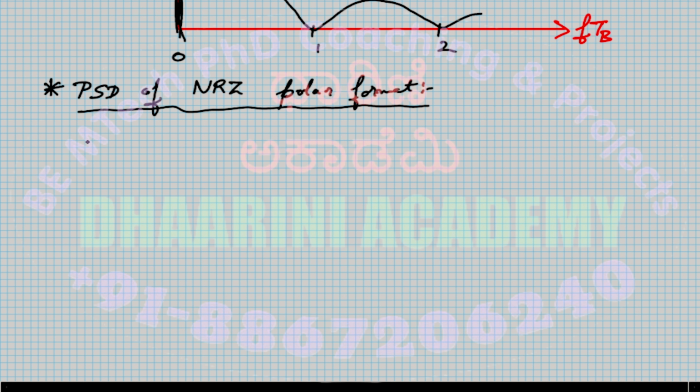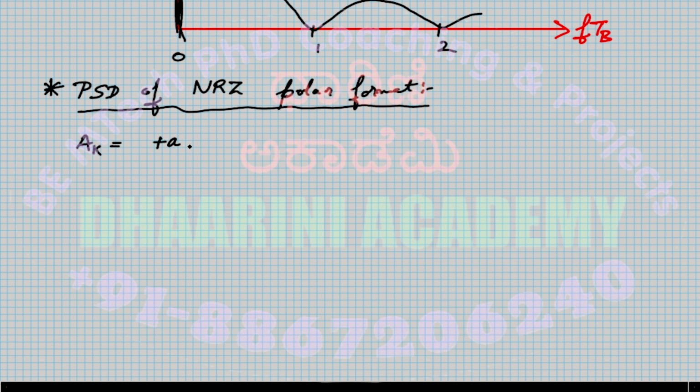First, you define what is the AK value, right? For the NRZ polar format, I have to have polarities for both 0 and 1, correct? So let me define this. AK could be, say, I'll assign a value plus A, say plus 2 volts or plus 4 volts, something like that.